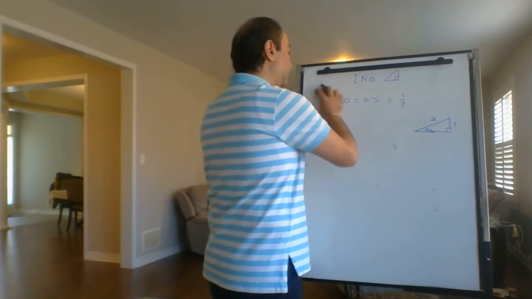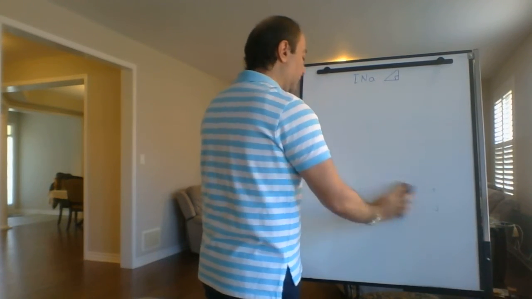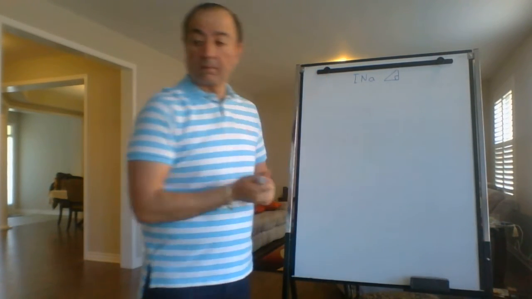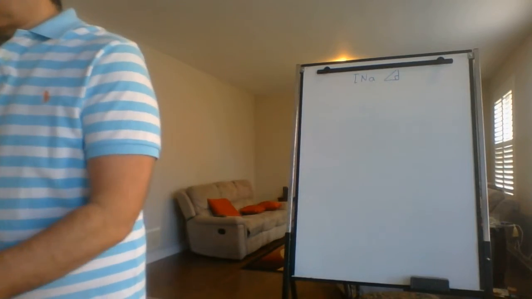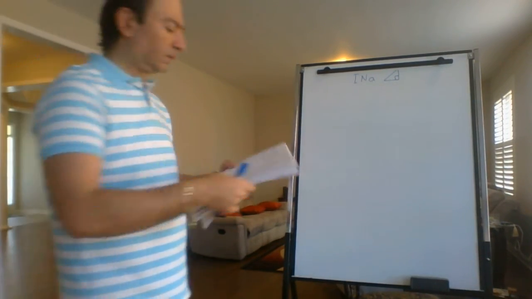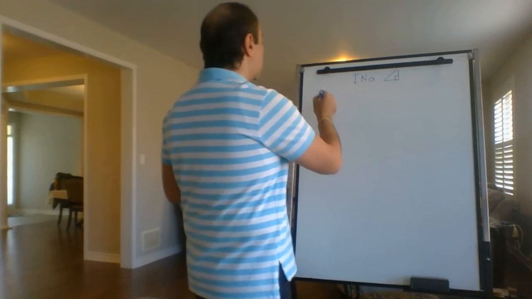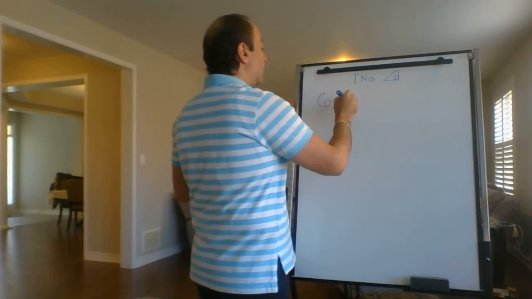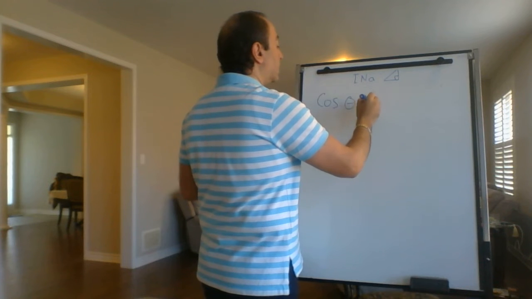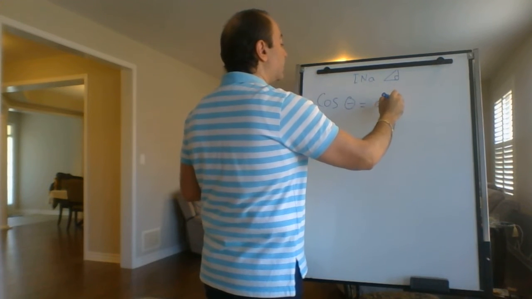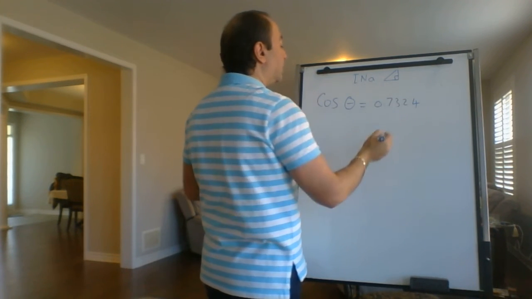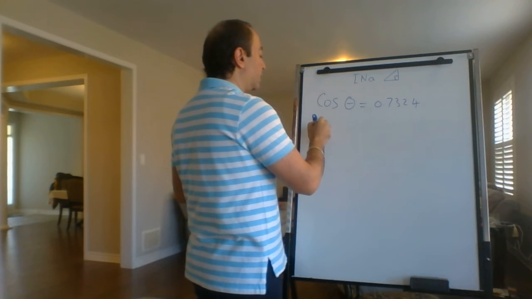So now if we want to find the angle, let's say I give you that cosine theta equals 0.7324, and I need to find the measurement of angle theta.